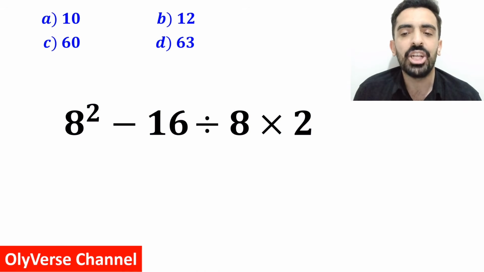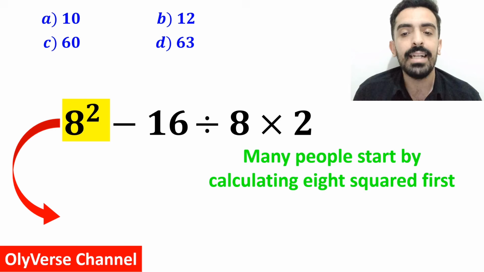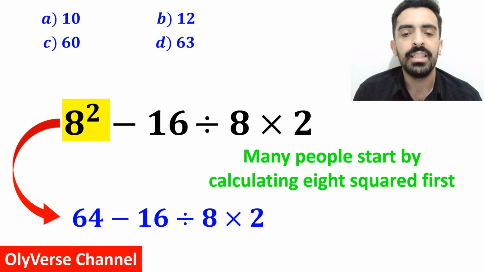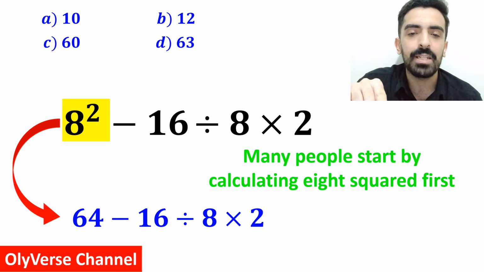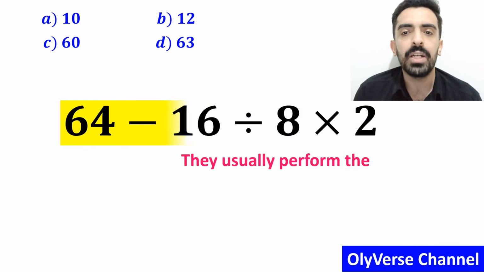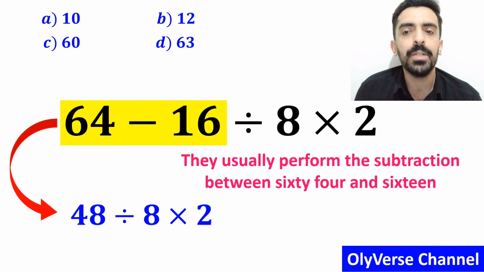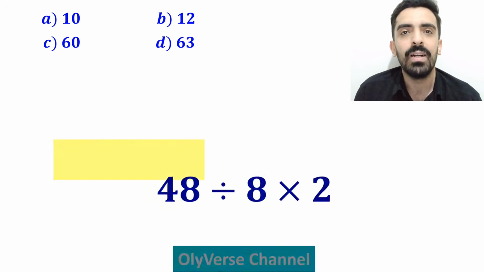To solve this question, many people start by calculating 8 squared first, and instead of the original expression, they rewrite it as 64 minus 16 divided by 8 multiplied by 2. And the next step, they usually perform the subtraction between 64 and 16 and simplify this expression to 48 divided by 8 multiplied by 2.